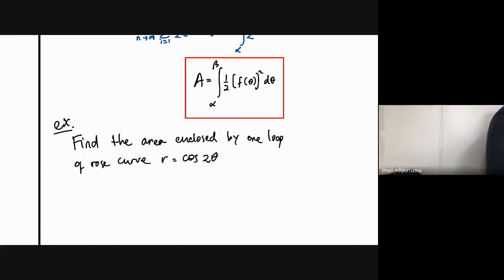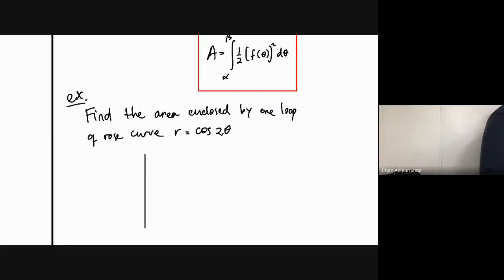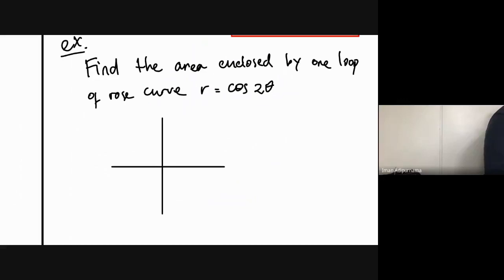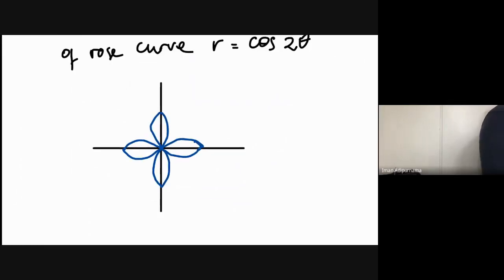The curve will be, more or less, a rose like that, and it will have 4 leaves, or 4 loops.